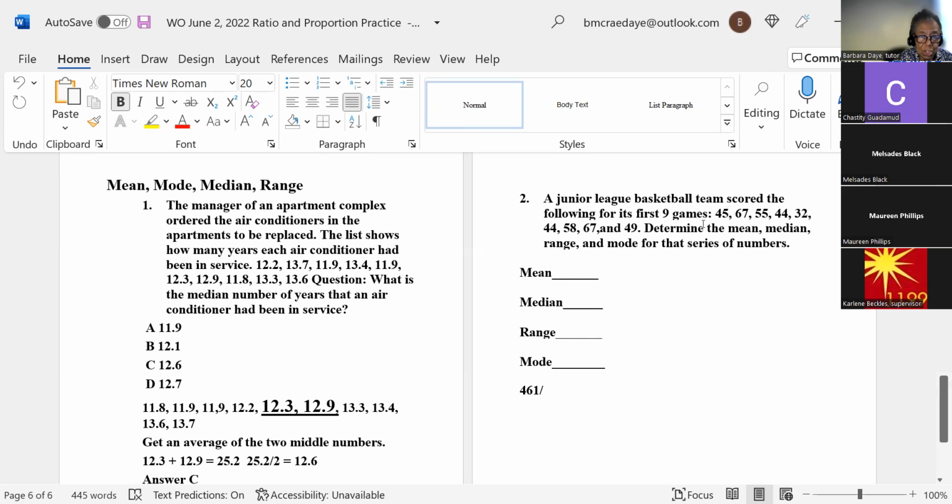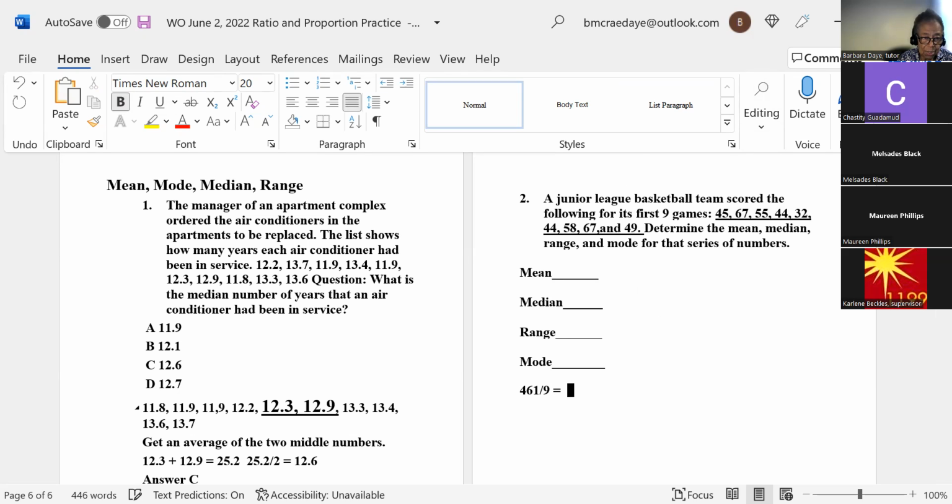In other words, when she added all these scores, she got 461: 45 plus 67 plus 55 plus 44 plus 32 plus 44 plus 58 plus 67 plus 49. You do that on your calculator, you get 461. And Mercedes, you said divide by the number of items, and that's 9.